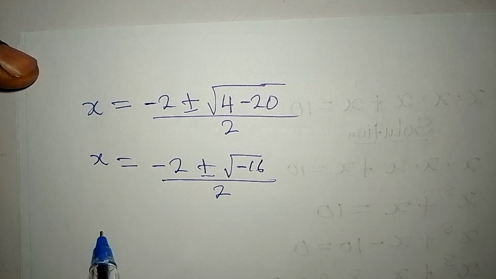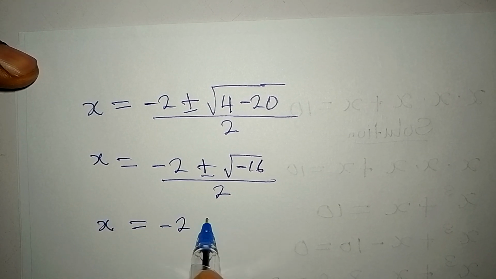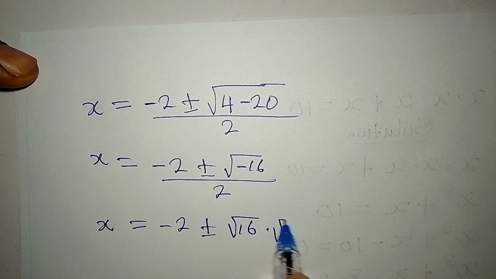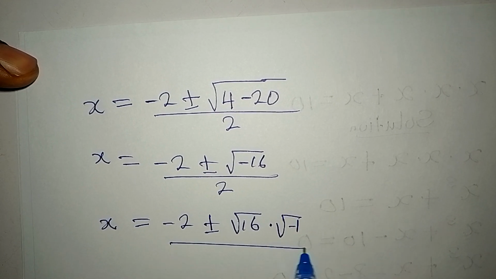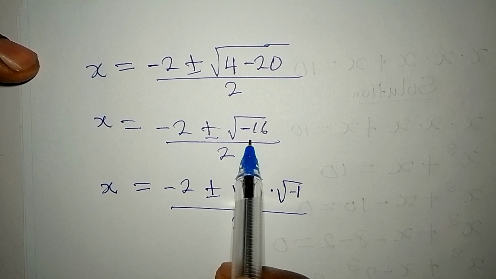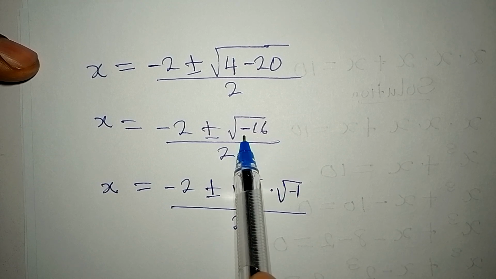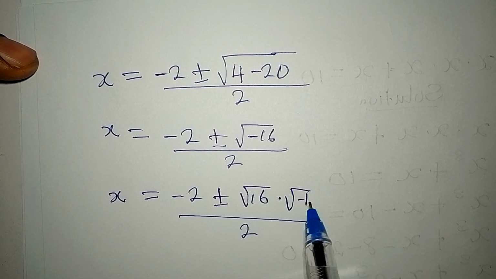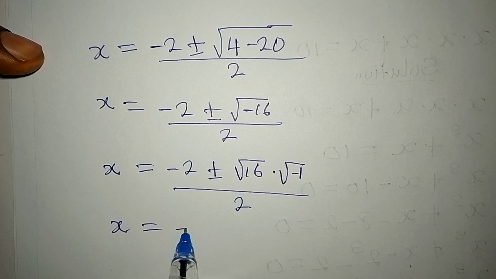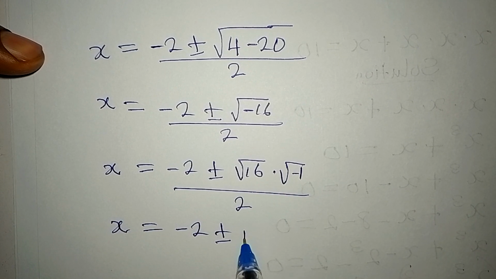Now we continue from here so that x will be equal to minus 2 plus or minus square root of 16 times square root of negative 1. This is over 2. This is because we cannot get the square root of minus 16, so we have to pick out the negative separately. Now x here is equal to minus 2 plus or minus square root of 16 is 4.